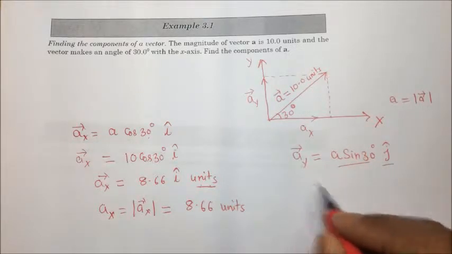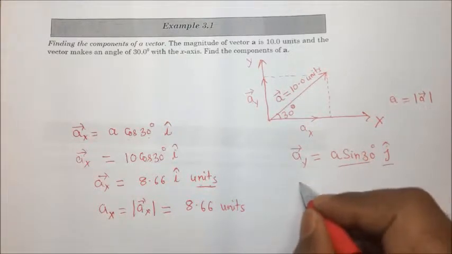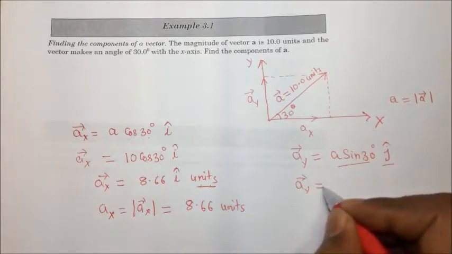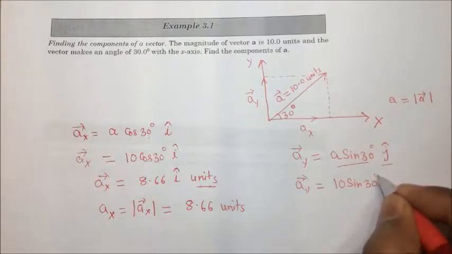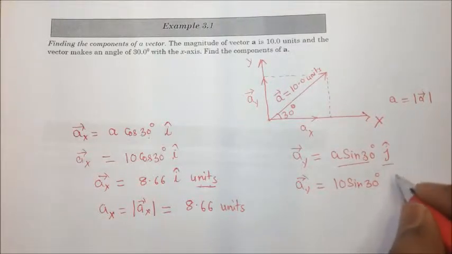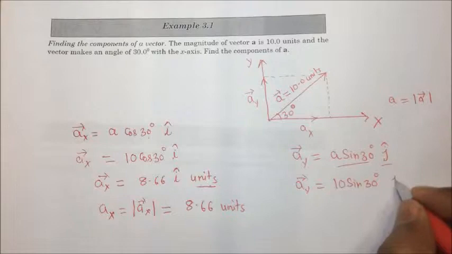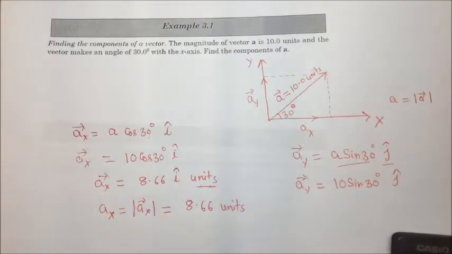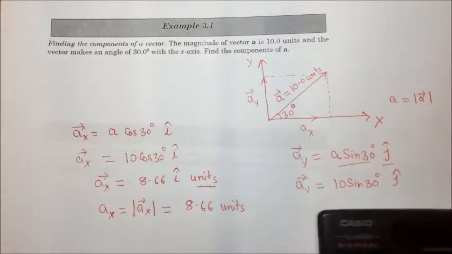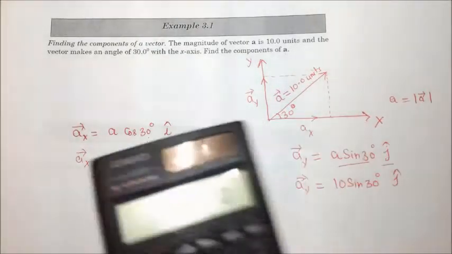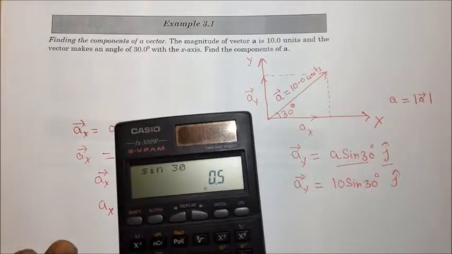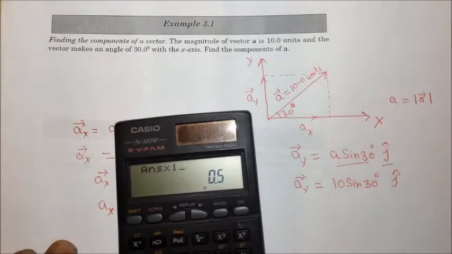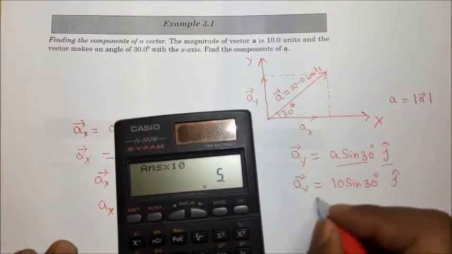So Ay is going to be 10 sine 30 degree j cap. Let's see what is sine 30. Sine 30 is 0.5 times 10, this is 5.